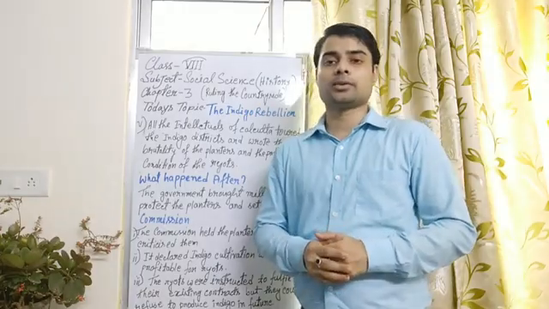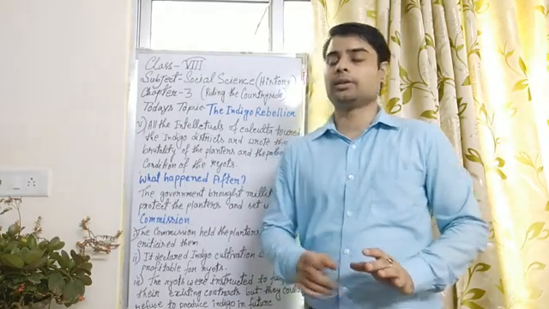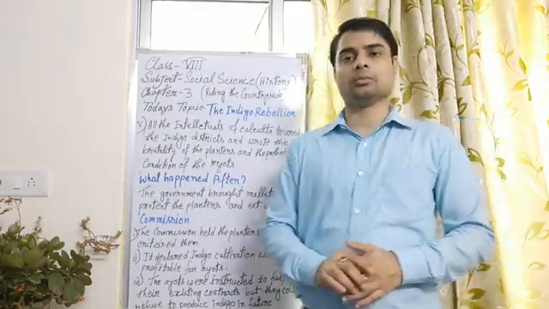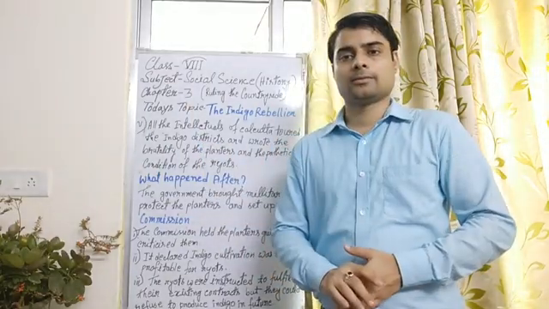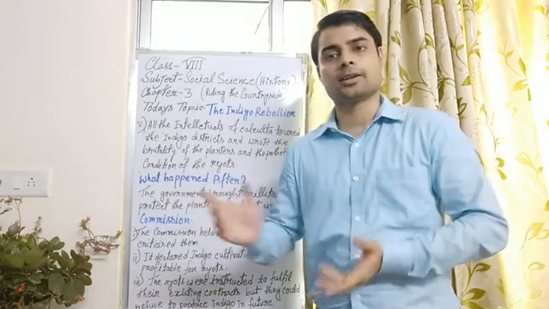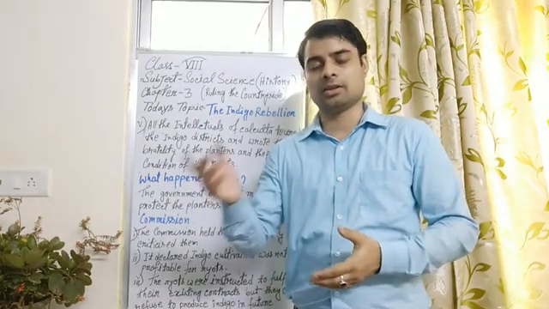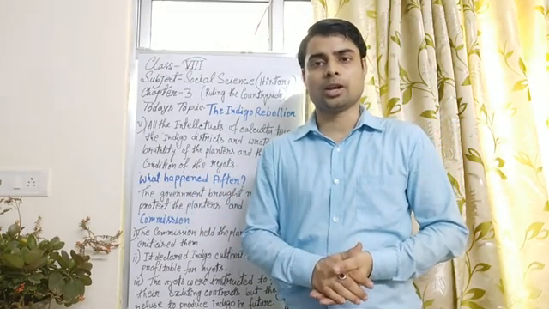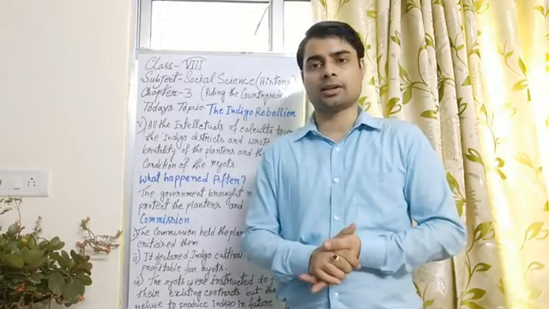The indigo planters who cultivated indigo in Bengal now turned towards Bihar. They moved their plantations to Bihar and started giving contracts to the peasants of Bihar, and the same thing started there.